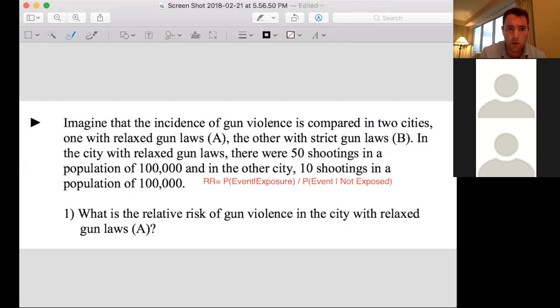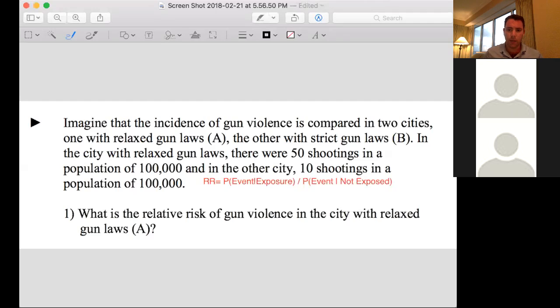Yes, exactly. So since the relative risk is equal to 5, we could say that those who live in a city with relaxed gun laws are 5 times as likely to be involved in a shooting than those who live in a city with strict gun laws. So that's our takeaway. That's our summary statement.